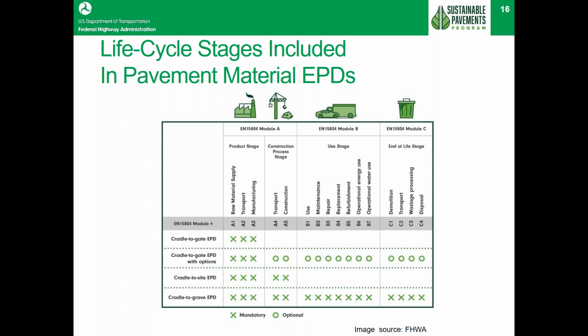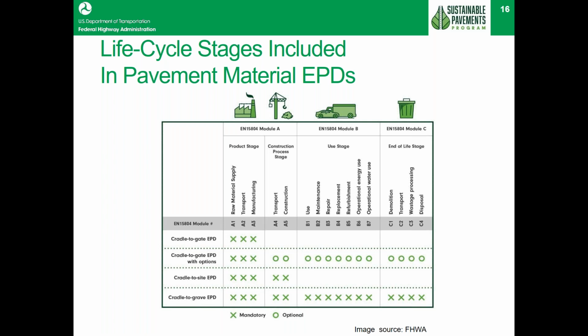And here you see a little bit more detail on the actual life cycle stages that are broken out in the columns above, and they fundamentally are different scales of analysis that are shown in the rows below.